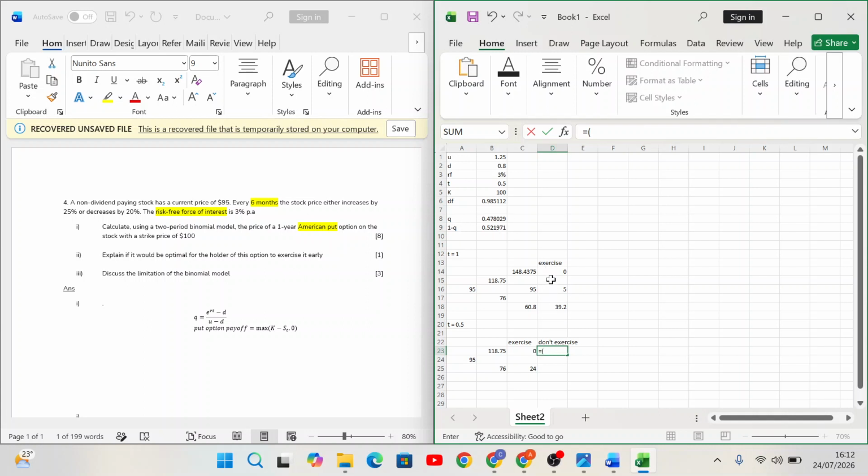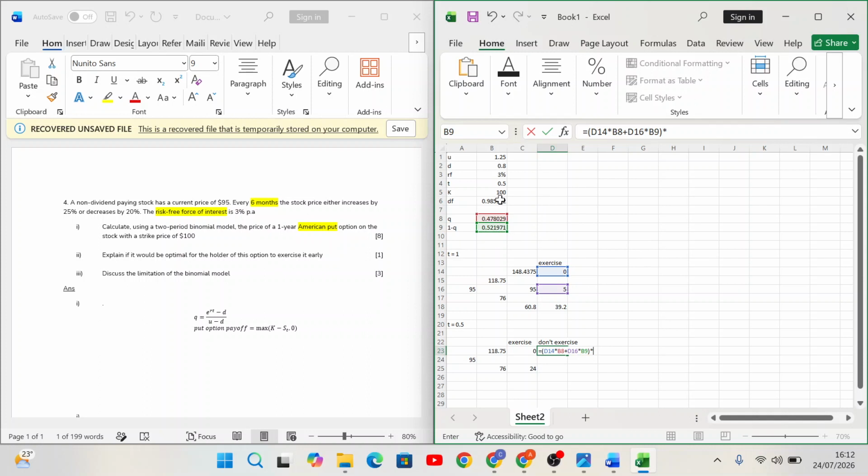So the first option will be 0. This is CUU multiplied by the synthetic probability of up, plus CUD multiplied by the synthetic probability of down, and then I'll discount.